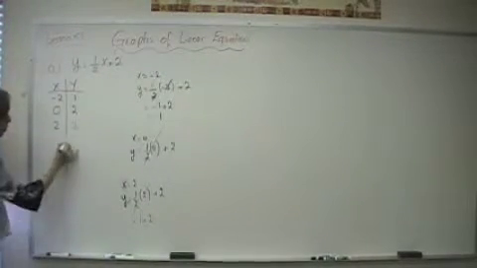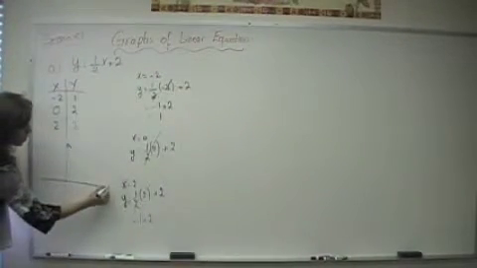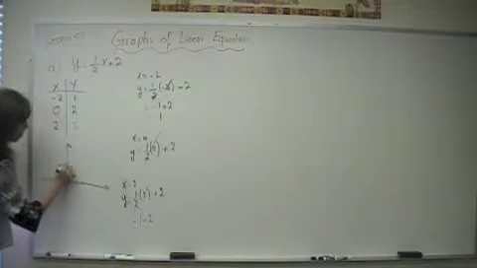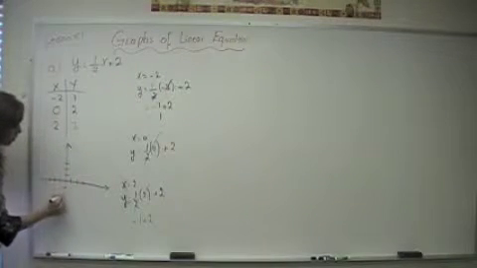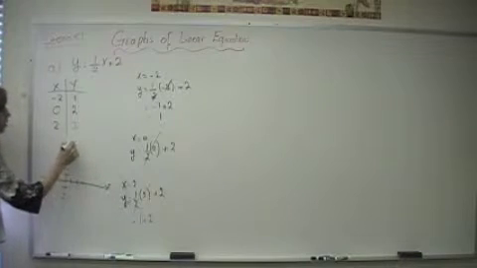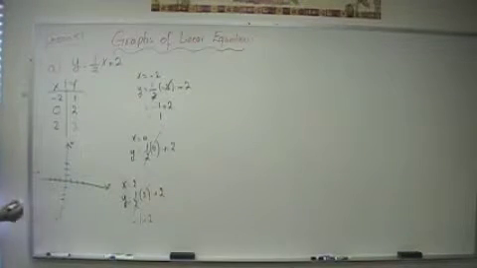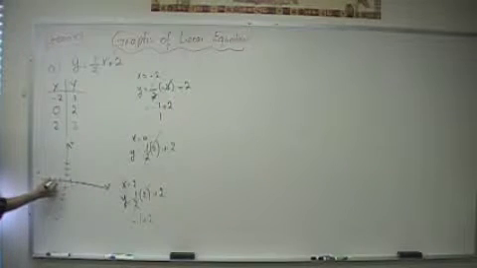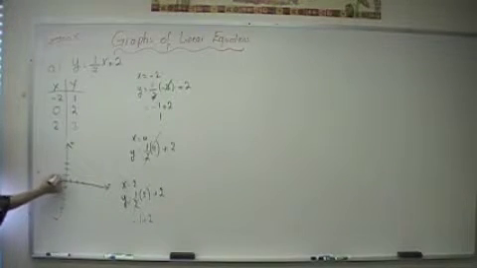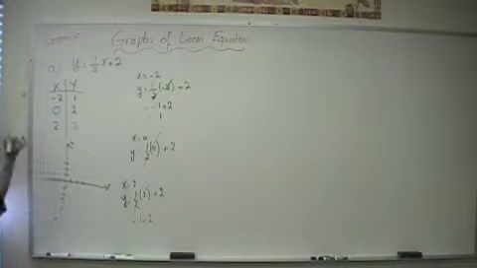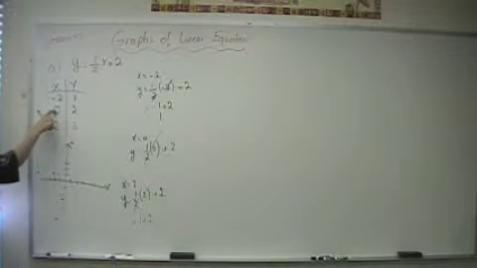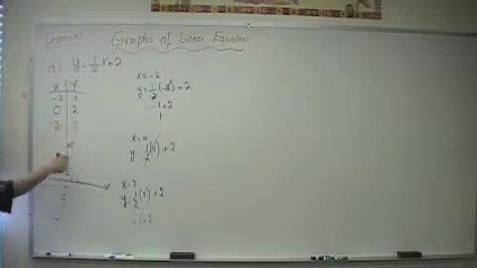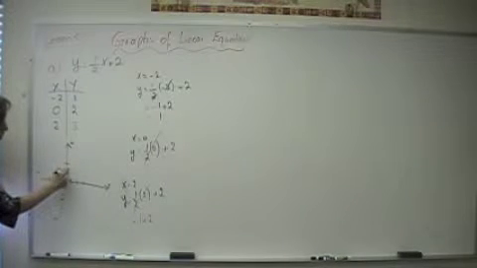You put your x, y axis, some tick marks. Going to the right is positive, going up positive, the opposite sign negative and negative. When x is -2, here's my -2, my y was 1. So I plot the first point right here. 0, 2, that means this 2 is on the y-axis.